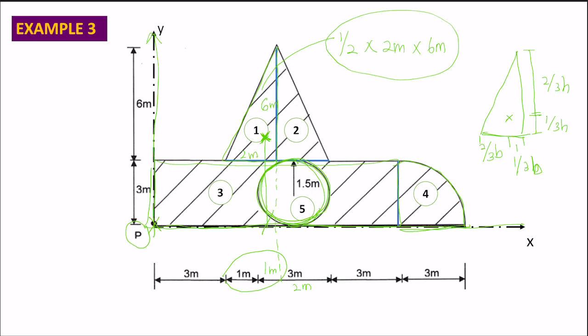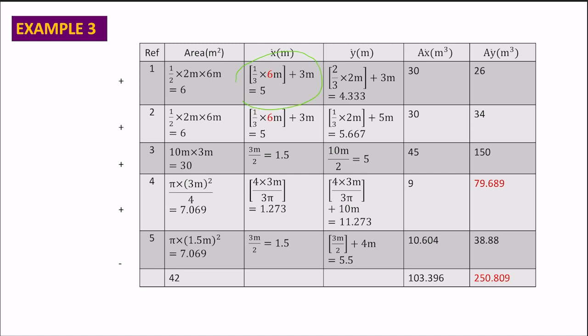Dan distance itu sampai ke mana. Kalau dalam case kita, kita nak sampai x-axis. So, ini 1/3 H tambah lagi dengan another 3 meter to reach x-axis. Therefore, for x bar, it will be 1/3 times with the height of the triangle, 6 meter, plus with 3 meter. This is the answer that I put in the table.